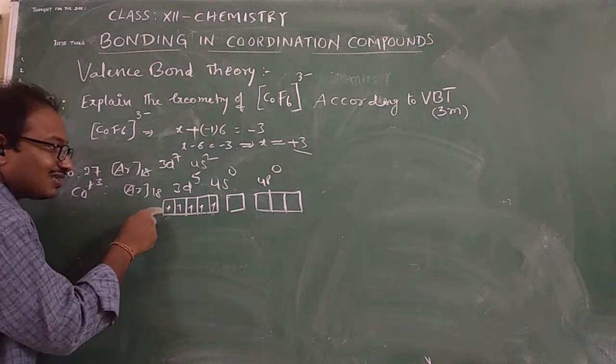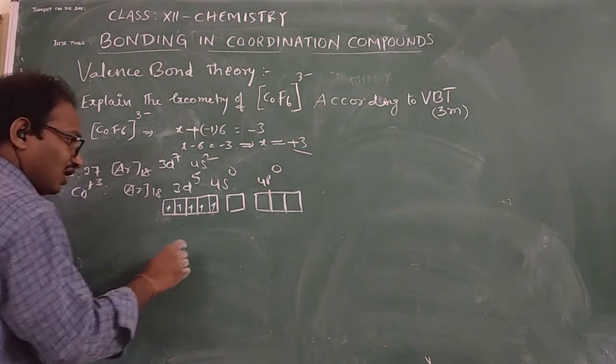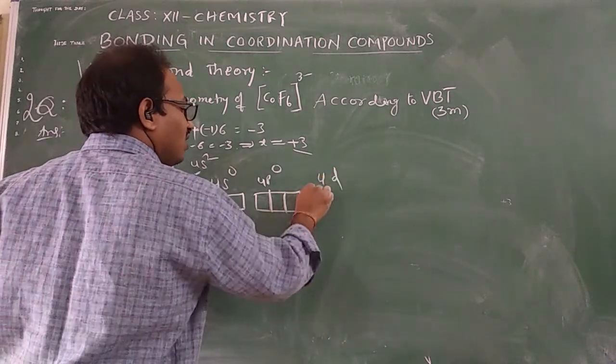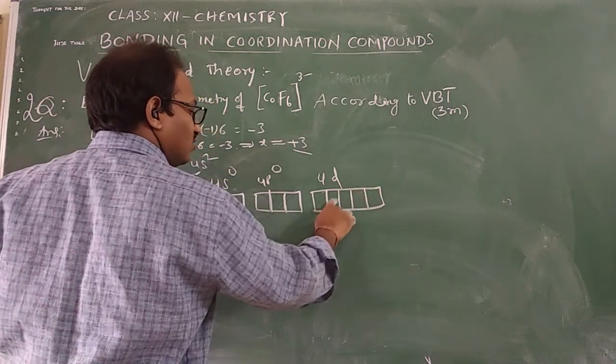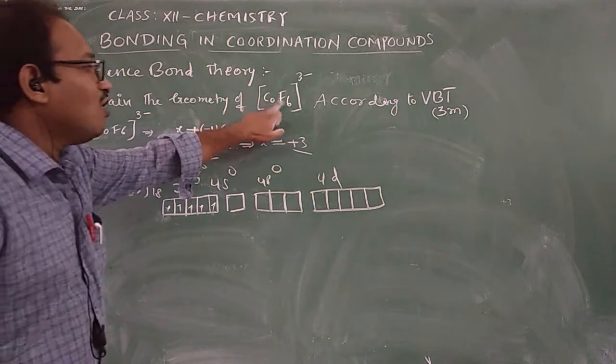But here the electrons cannot rearrange. So what type of hybridization does it go through? 4s, 4p, 4d also are involved. 4d orbitals are involved. Now, which hybridization? Cobalt, how many ligands?